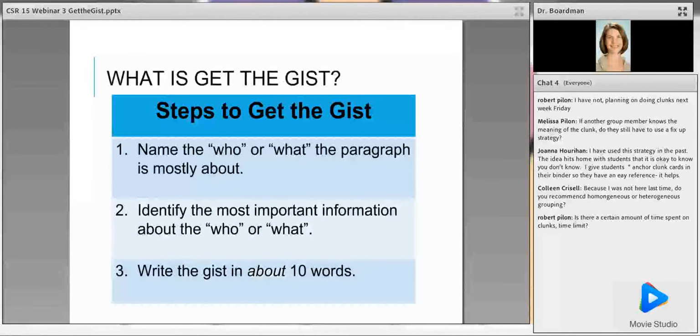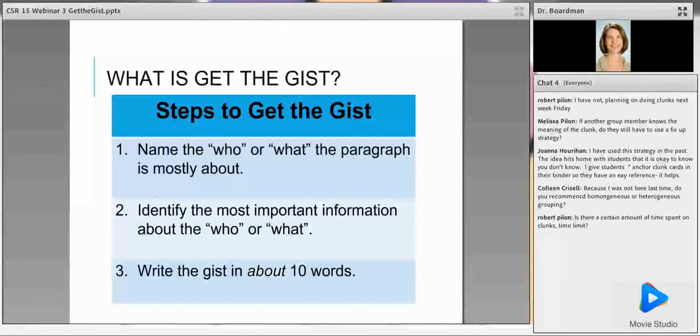If it gets over 15 words, what's going to happen is kids are either trying to retell rather than synthesize, so they're trying to get everything in there. They may be providing too many details that might be covered by a superordinate term that could combine some of those details.